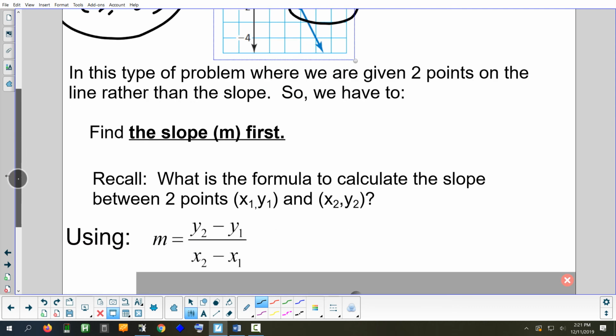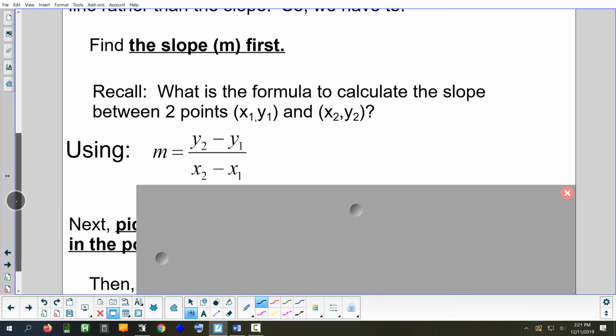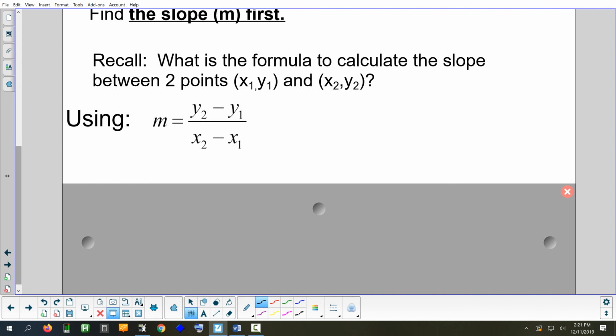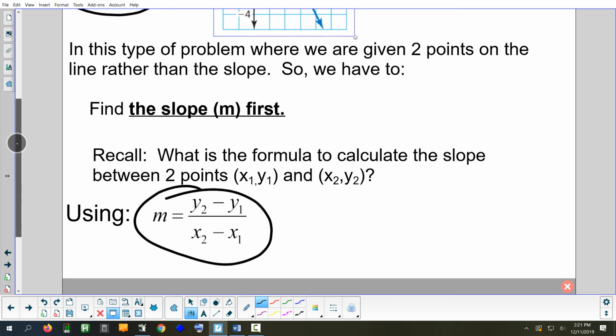Okay. So to find the slope, we're going to use that. Now, what's the name of the formula I taught you today? Not slope intercept. Point slope. You need two things, a point and a slope. If you do this, you'll get the slope. Now, point.